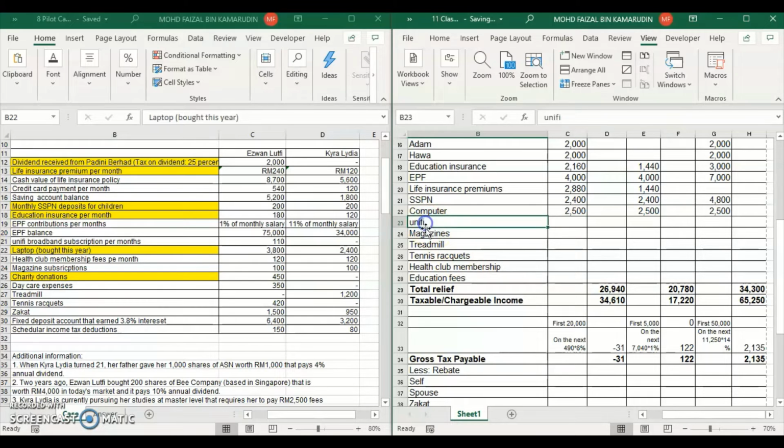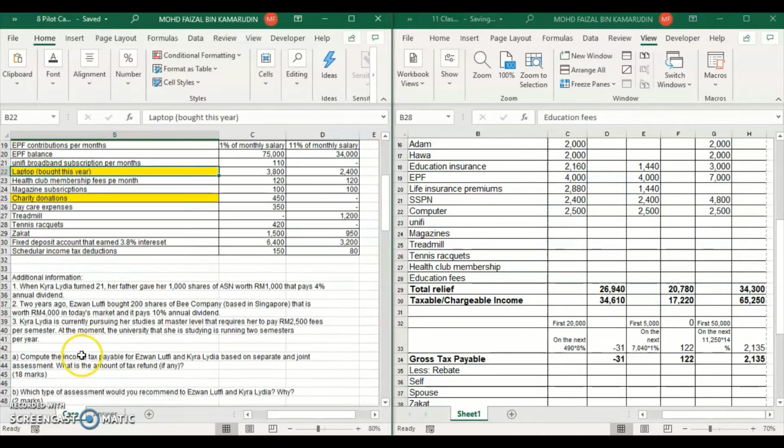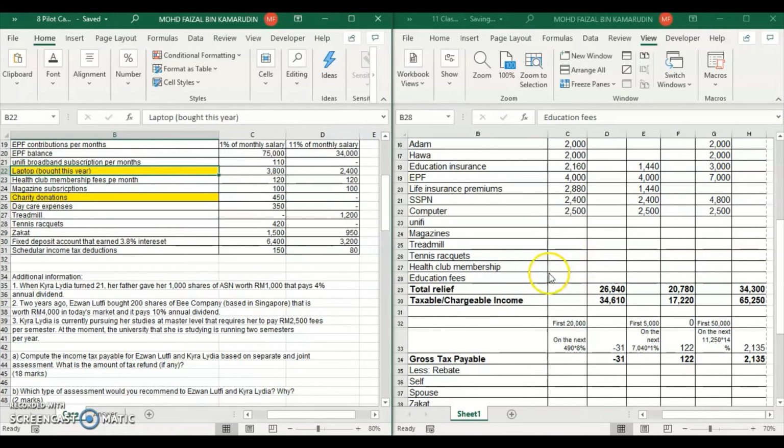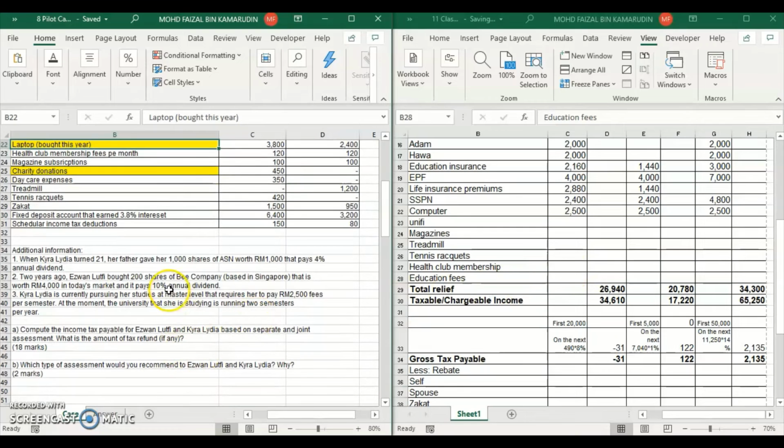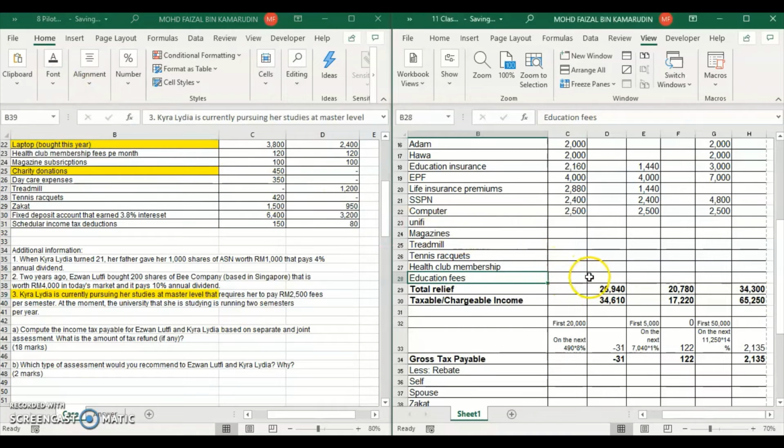So we have settled this, and this. Even this one, remember that Kyra did pursue her study at the master level. That is equal to 2,500 times 2, assuming 2 semesters.